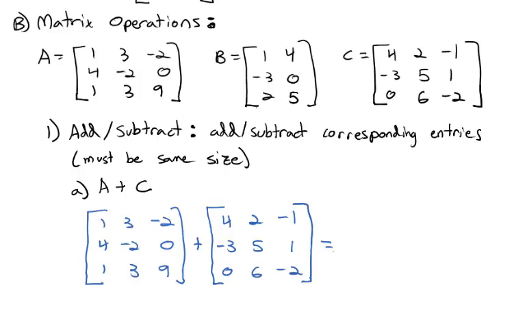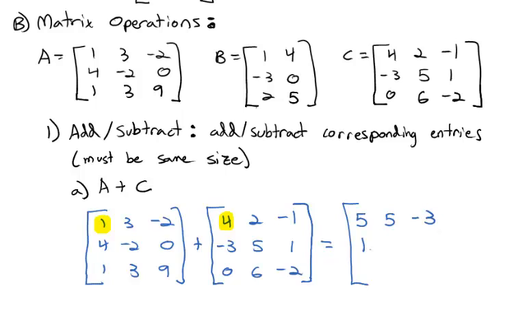If we're just going to add the corresponding entries, that means we take the first entry and add the first entry. 1 plus 4 is 5. Continuing across, 3 plus 2 is 5. Negative 2 and negative 1 is negative 3.